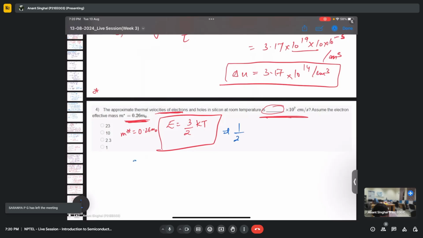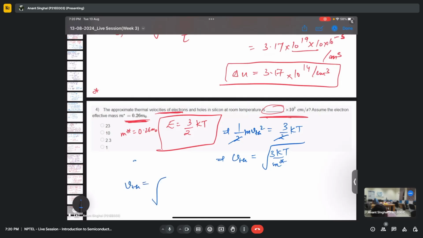So we have half m vth square as 3 by 2 kT. So vth will be the square root of 3kT by the effective mass. We have everything with us: 3 times the Boltzmann constant, which is 10 raised to minus 23, then we have room temperature, which is given as 300, and at last we have the effective mass, which is given as 0.26 times m naught, which is 9.1 times 10 raised to minus 31.